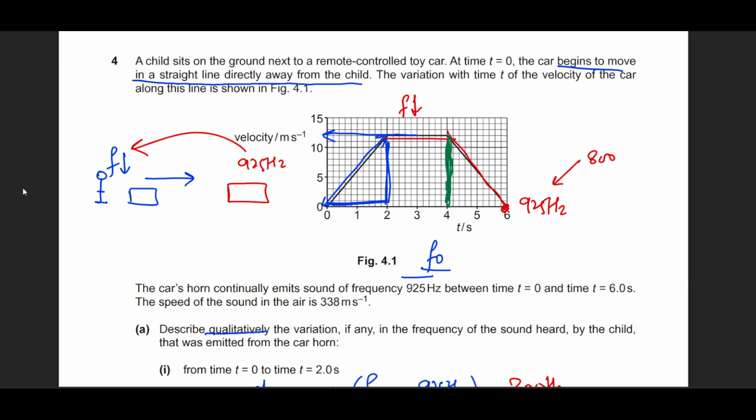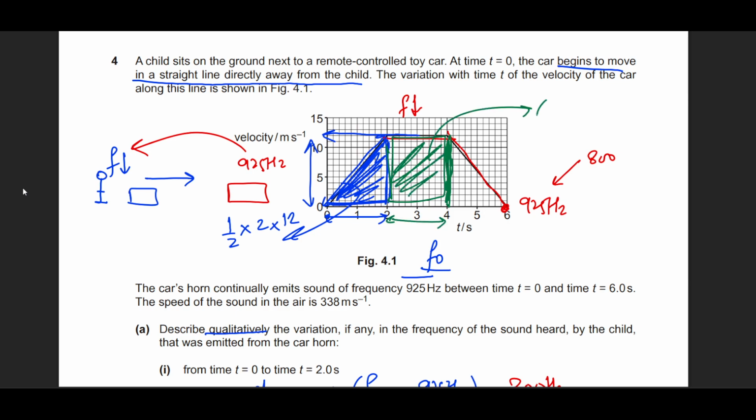This is going to become a triangle. So what is the area? 1 over 2, base is 2, and height is 12. So this is the area of this part. Then we have the area of the rectangle, which is this part, which will be base, which is 4 minus 2, so this becomes 2, and height, which is 12.